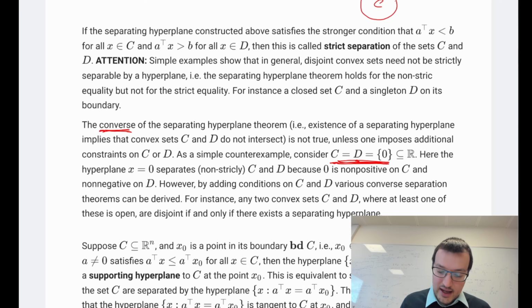So this is to say that it's possible to add additional conditions in such a way that the converse of the separating hyperplane holds. For instance, any two convex sets C and D, where at least one is open, are disjoint if and only if there exists a separating hyperplane.